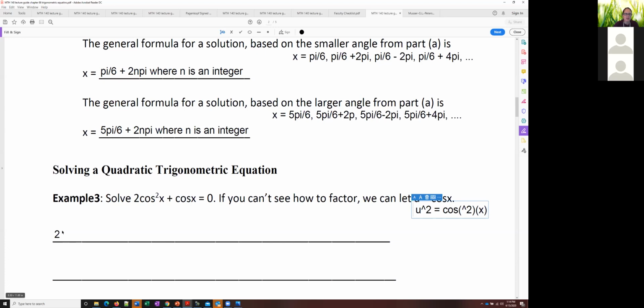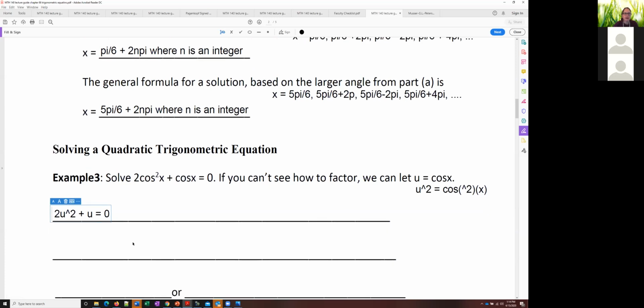So this equation would turn into 2u squared plus u equals 0. So now that we've written that as 2u squared plus u equals 0, can you see how to factor it? Yeah, this is similar to u substitution.